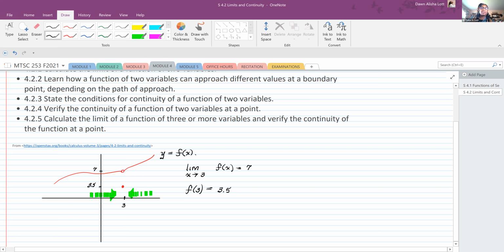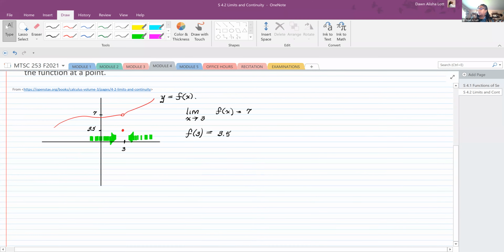Based on this, we see that the limit exists, but the function is not continuous because it fails the continuity test. Remember, for the continuity test, three things must happen. First, f of a has to exist.